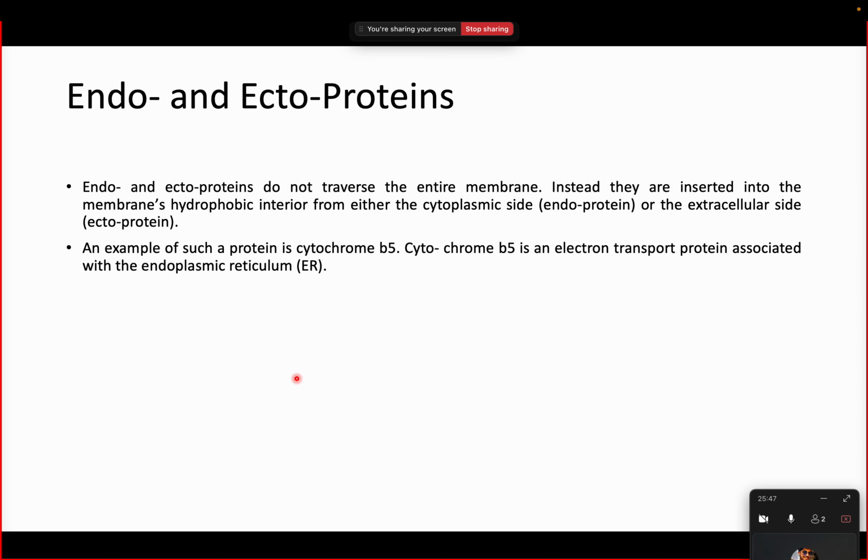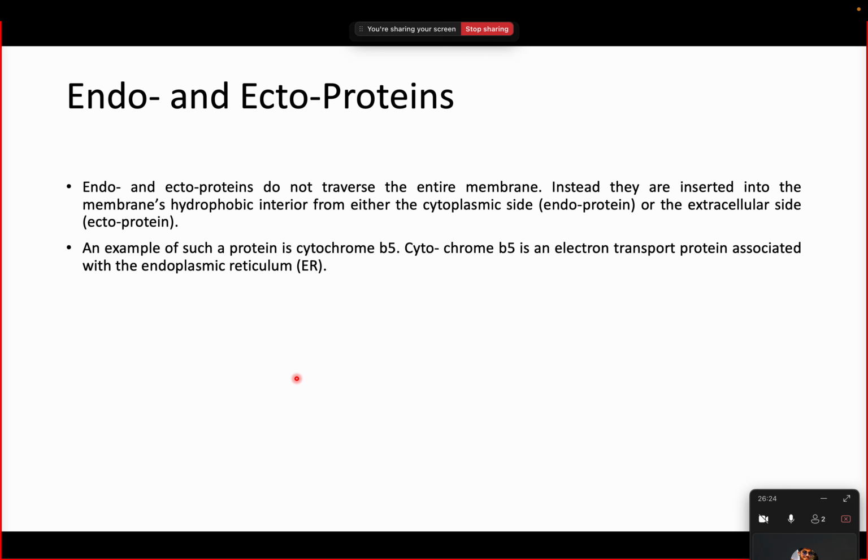Because of this difficulty, we cannot extract the protein intact because it is so well preserved in the membrane that whenever we try, with the technologies which we have, to take out the protein from its natural environment, it comes out with the lipid membrane itself, the lipids through which it is surrounded. This is one major reason why membrane protein isolation and purification is very difficult. Endo and ectoproteins do not traverse the entire membrane.